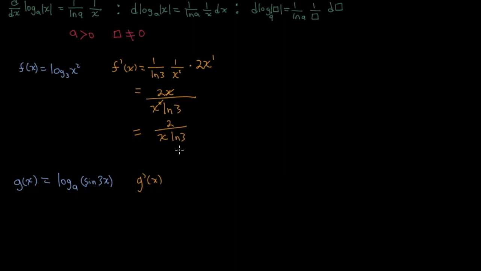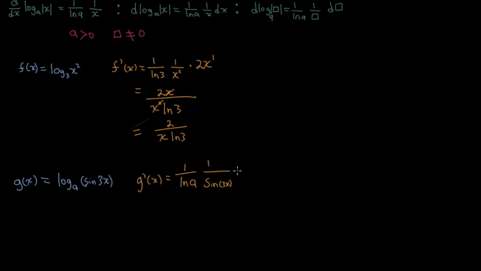So g prime of x is equal to 1 over ln a, 1 over ln of whatever the base is here, the natural log of a, times 1 over this entire term here, which in this case is sine 3x, so times 1 over sine 3x, times the derivative of sine 3x.